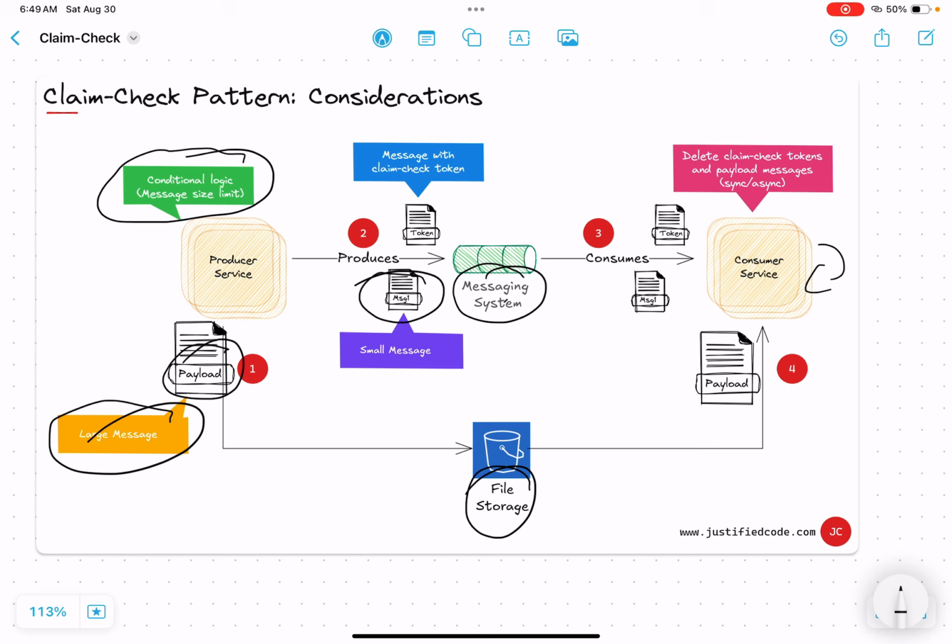So the claim token here is similar to the baggage ticket you get once you log your stuff in the belt there. Your baggage goes into the file storage, and once you reach your destination and want to get access to your baggage, you have your ticket that lets you get that baggage back. That's it, guys.